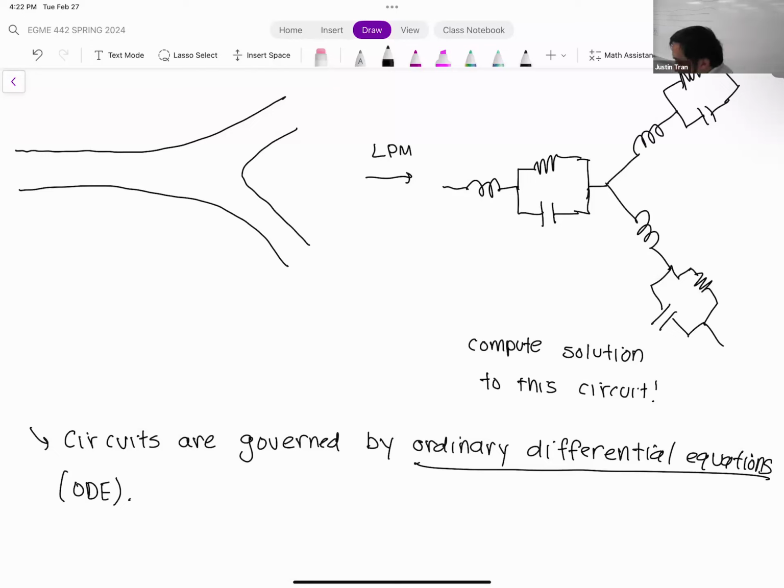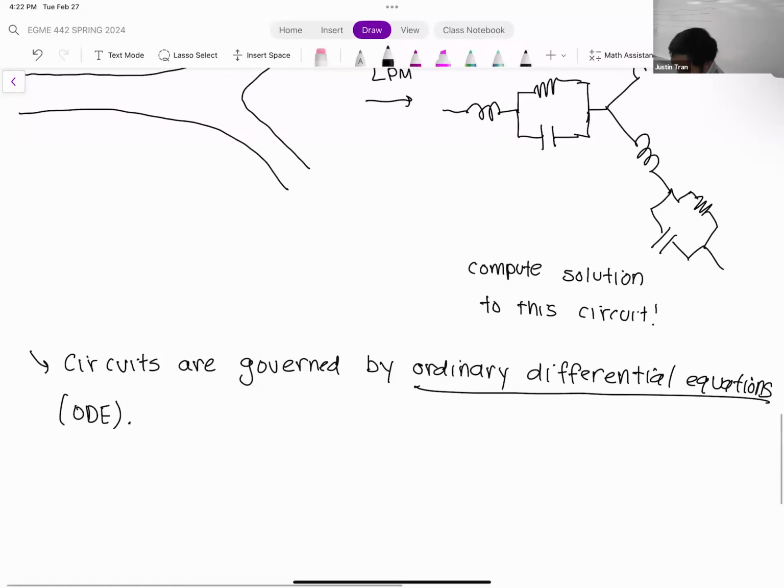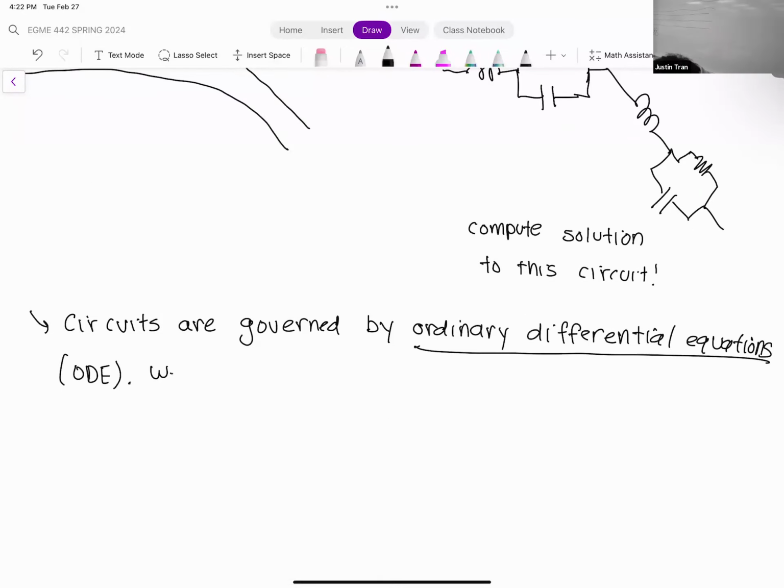And the thing about ordinary differential equations is that they are relatively easy to solve, right? In fact, we can solve a lot of them by hand. Sometimes what you'll see, especially for circuits, is that you're going to come up with a set of ordinary differential equations.